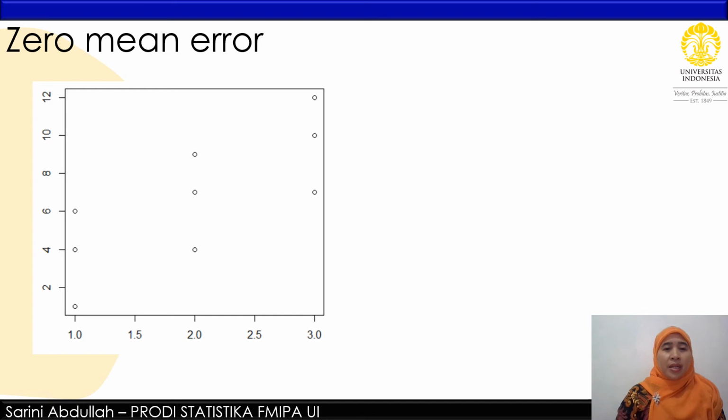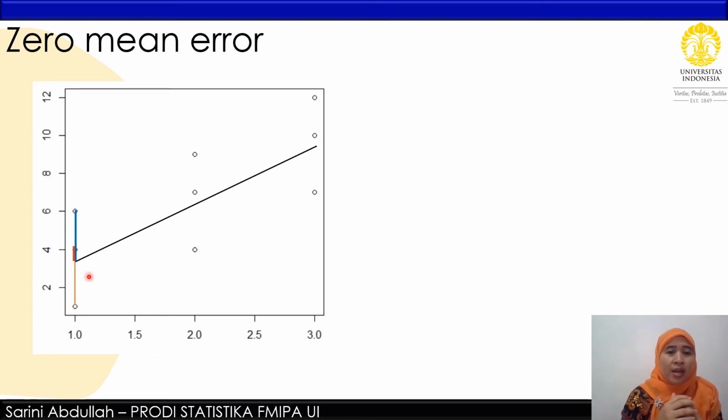Now let's try to find another line. Let's say we have a line like this. This line doesn't pass through any of the points, but we can see the error with the first observation is like this, with the second observation like that, and with the third observation like that.